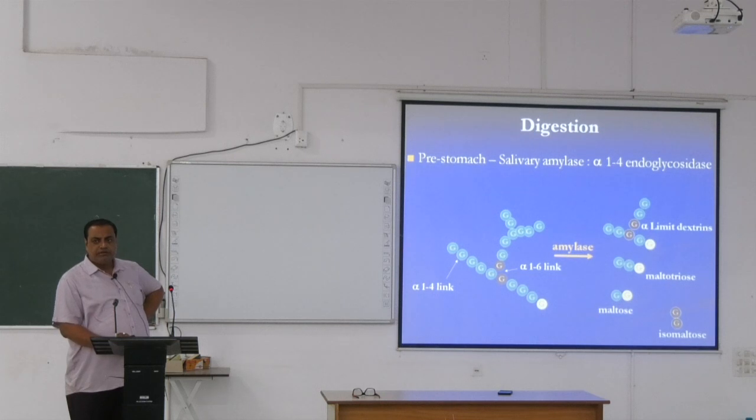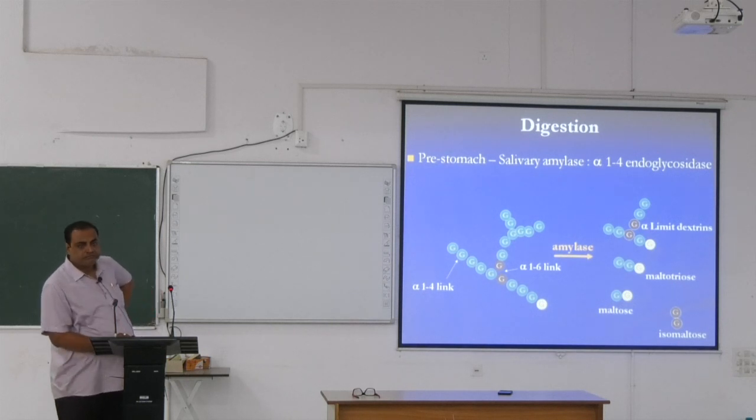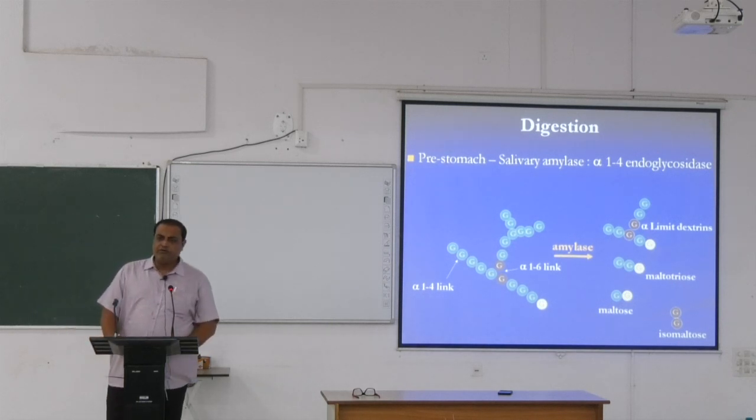Which one is important? Why do we have glycogen in the shape of glycogen? Anyone?